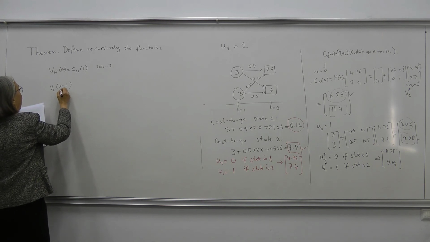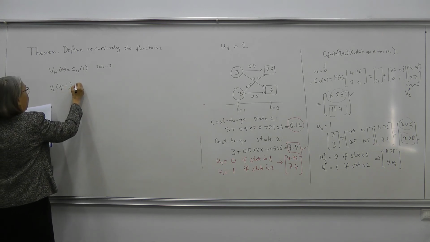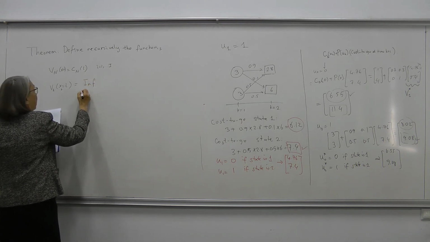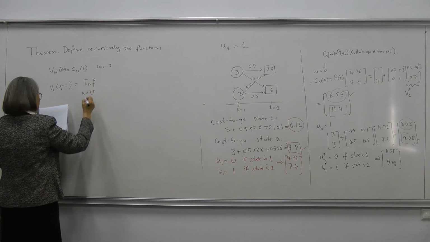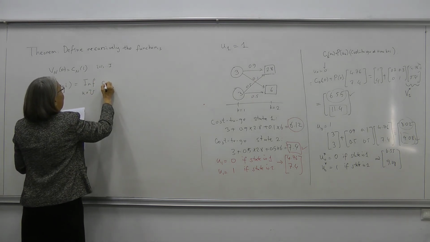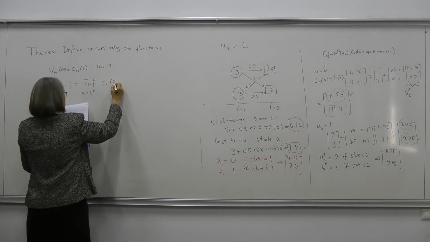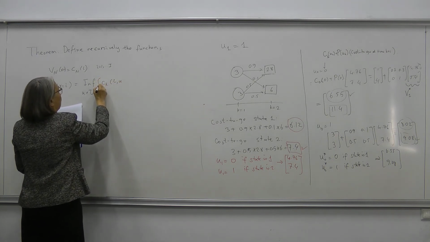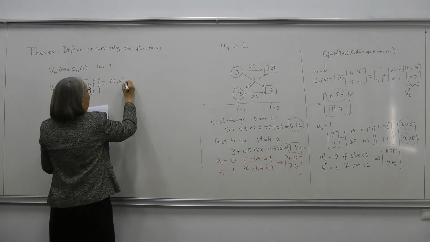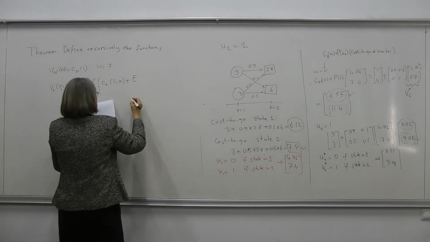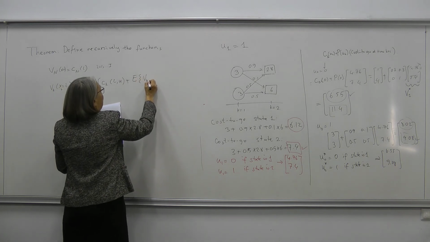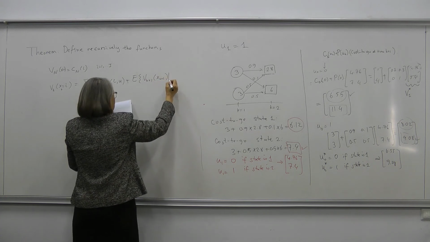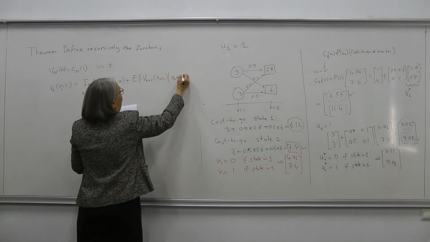V sub k of x_k equal to I is equal to, I will use this term infimum with respect to u belonging to U of C sub k of x, x equal to I and u, plus the expected value of V_{k+1} of x_{k+1}, given that x_k is equal to I.